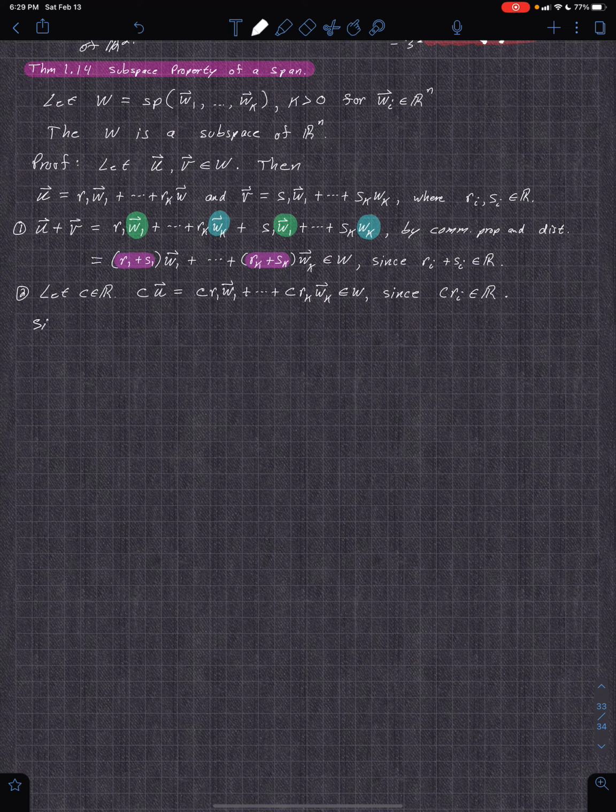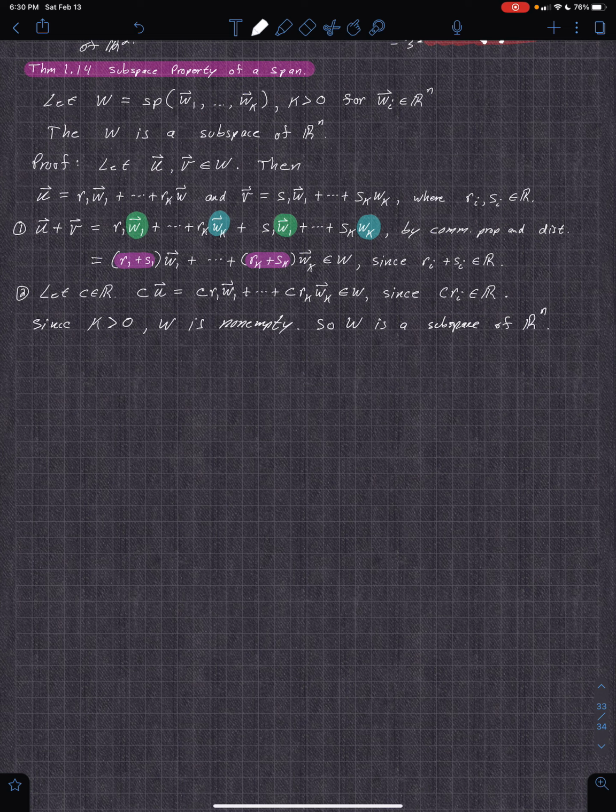Okay, so since K is greater than 1, meaning there's an element in there, W is non-empty. So W is a subspace of Rn.